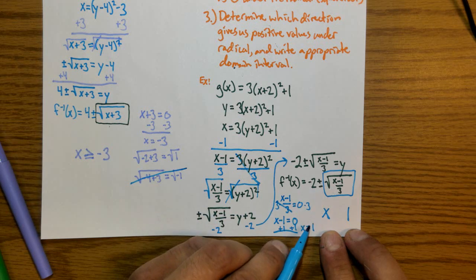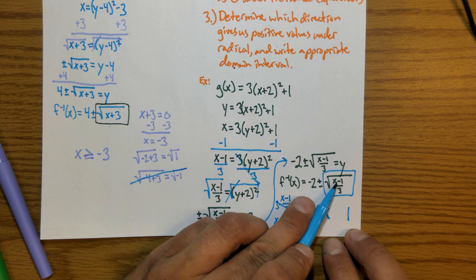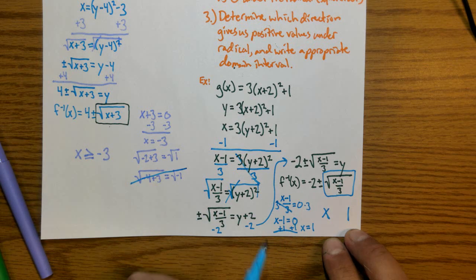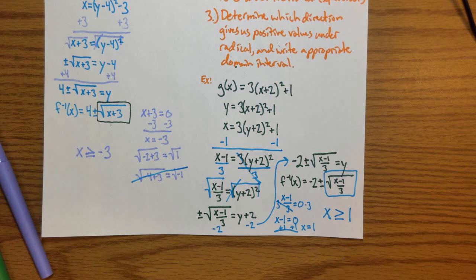What if I plug in a number less than 1, such as 0? 0 minus 1 is negative 1, so that would be negative 1/3. I can't have that because that's a negative. So I need to plug in numbers greater than 1. So x is going to be greater than or equal to 1. So that is how we find the domain of invertibility.